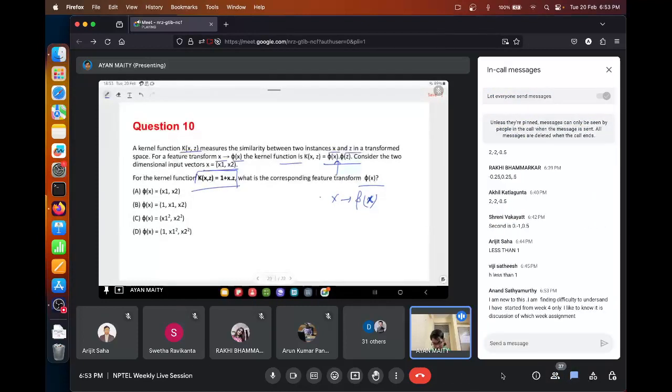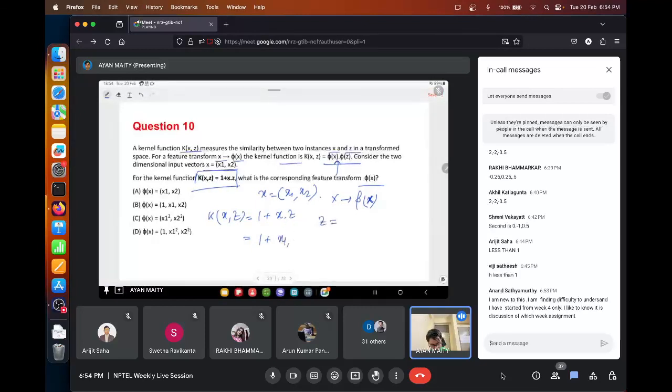I have not received any answer in the chat, so this question might be a little difficult. So k(x, z) equals 1 plus x dot z, and x is a two-dimensional input vector, x equals (x1, x2).